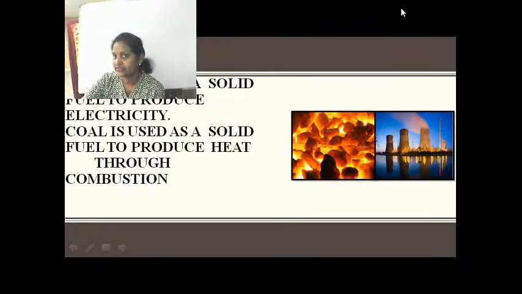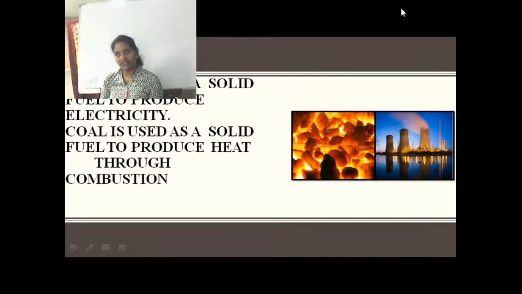Okay. Now here coal is used as a solid fuel to produce electricity. The main purpose, for example, is the thermal power station. Our thermal power station in our district is in Chandrapur. As we have an ample amount of coal production, coal is brought here for generating electricity.